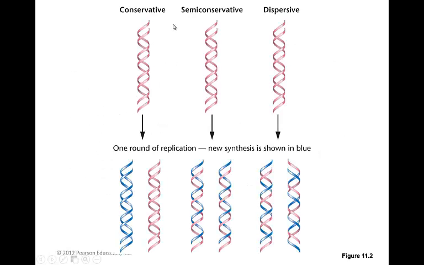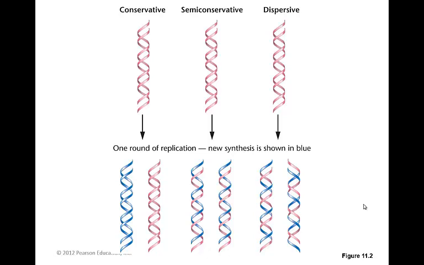Okay, well first let's visualize what we're talking about here. If replication was conservative, after one round you would have one molecule that was completely new and one that was completely old. In semi-conservative, what you can see here is one strand of old, one strand of new.